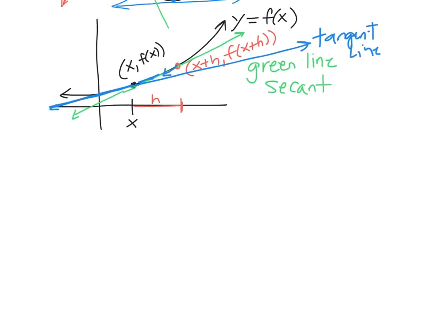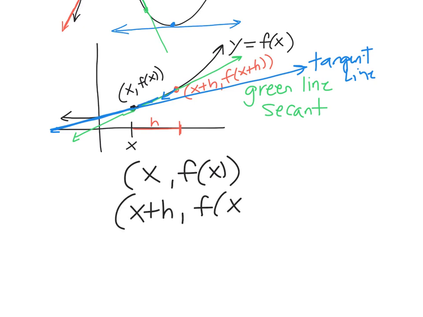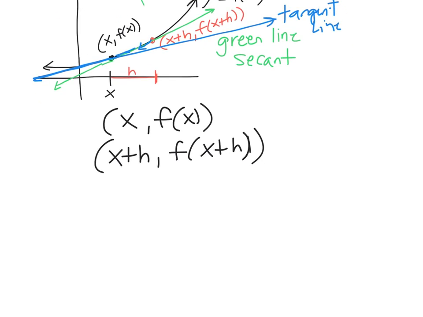My two points on my secant line are x, f of x, and x plus h, f of x plus h. Let's say I want to find the slope of the secant line. To find it, I would do y2 minus y1 over x2 minus x1.